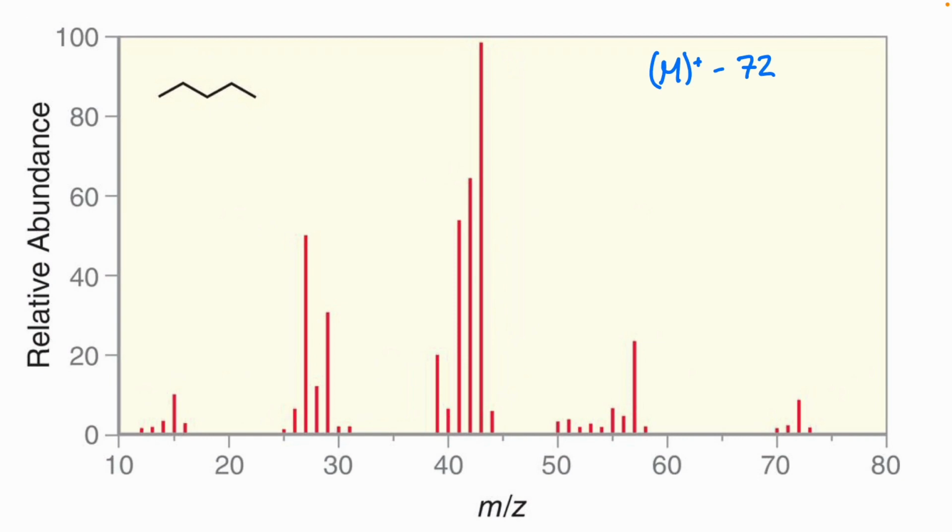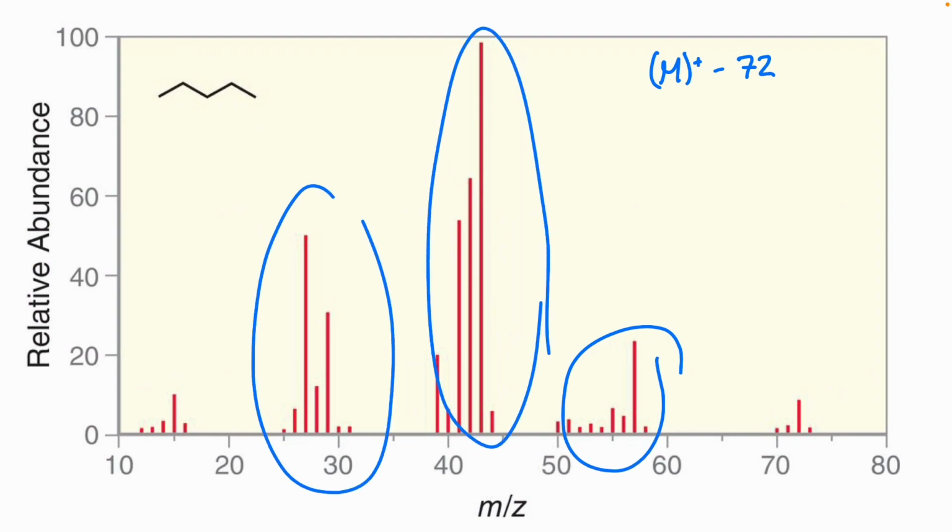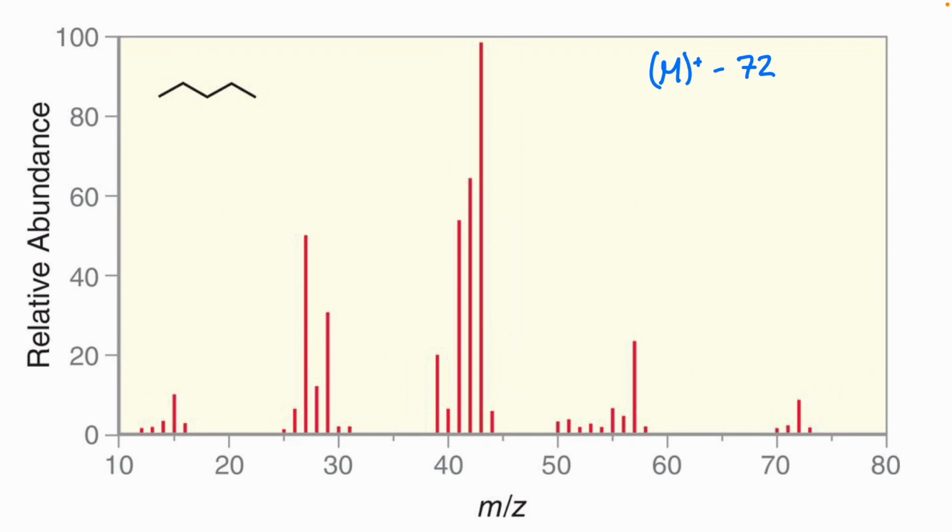Okay? And we see that they're kind of clustered, right? I get one group of peaks here, one group of peaks here, one group of peaks here, one little group of peaks there. Right? So why is that? Each one of these little clusters corresponds to a carbon fallen off. Right? If I take my pentane and I chop off that last carbon, what would be the mass of that fragment?